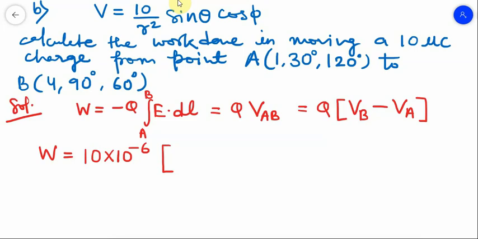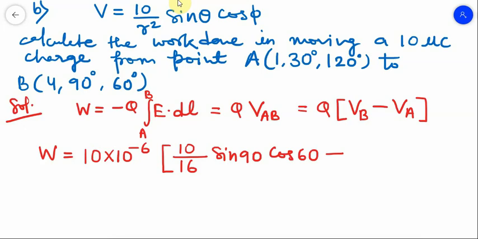So for VB, see the coordinates of point B and put them in the given V. 10 upon R square, R square means 4 square, that is 16. Sin theta, that is sin 90, cos phi, that is cos 60, and minus VA.